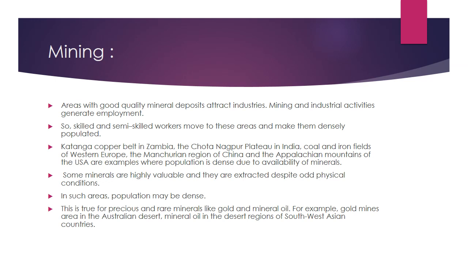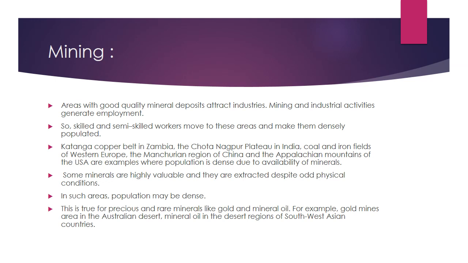Some minerals are highly valuable and they are extracted despite odd physical conditions. Some minerals like gold are highly valuable. Despite other physical problems, the minerals are still being extracted at that place and those areas are still densely populated.